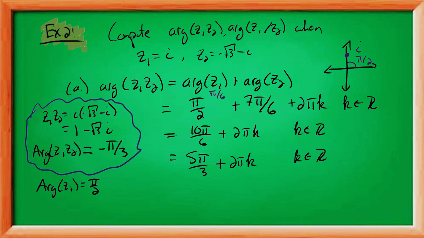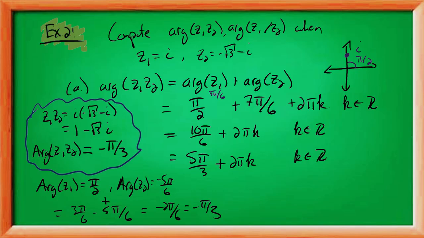And the principal argument of z2 is minus 5π/6 from the previous video. If we add these together, we get 3π/6 minus 5π/6, which is minus 2π/6, which is minus π/3. Aha, they match.